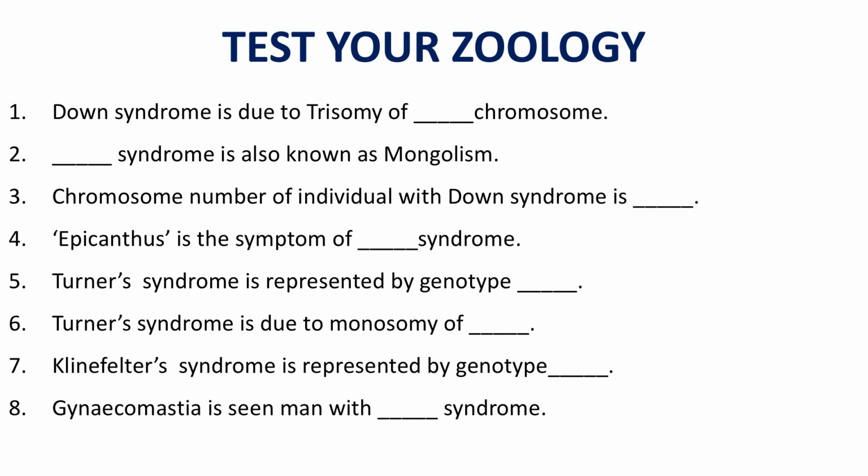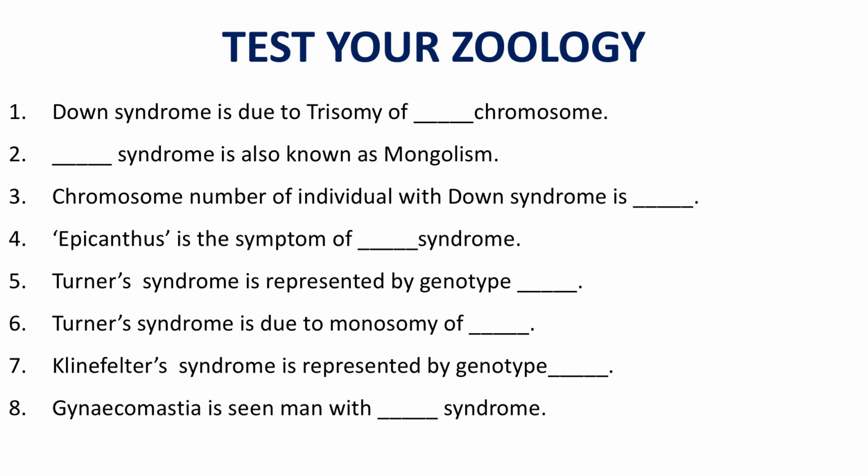Now let's do some exercise. Down syndrome is due to trisomy of which chromosome? Down syndrome is due to trisomy of the 21st chromosome, right? Any doubt? Down syndrome is also known as Mongolism.